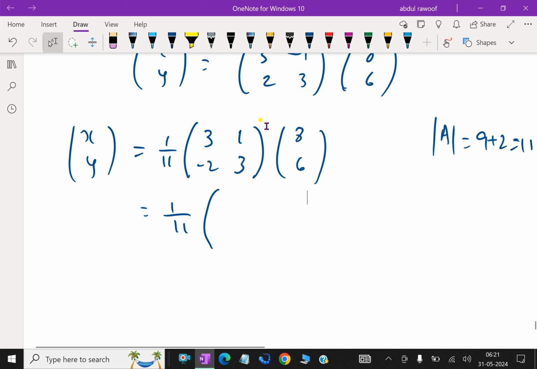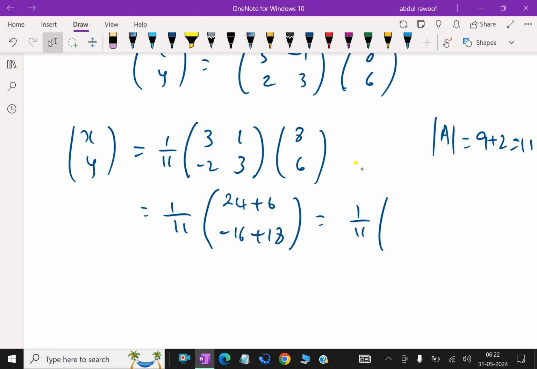3 8s are 24 plus 1 into 6 is 6. Then in the second row, minus 2 into 8 is minus 16 plus 3 into 6 is plus 18, which is equal to 1 over 11 times 30 over 2.